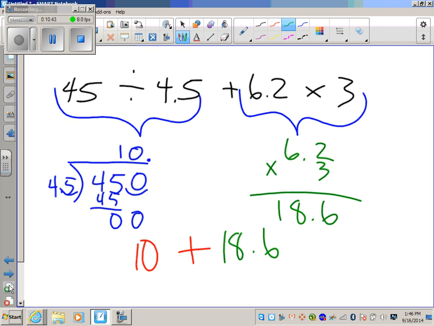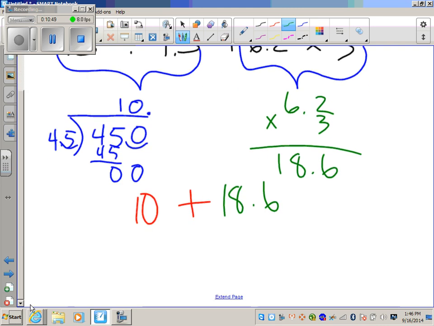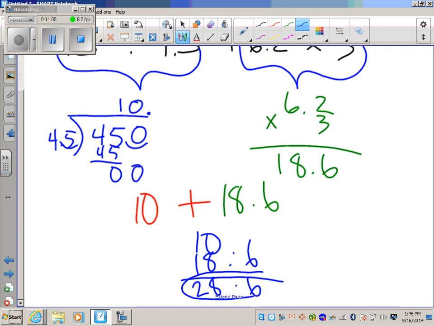Now, we're adding decimals, which means I have to line them up. So 10, where's the decimal? There. 18.6, the decimal is there. 6, 8, 28.6.